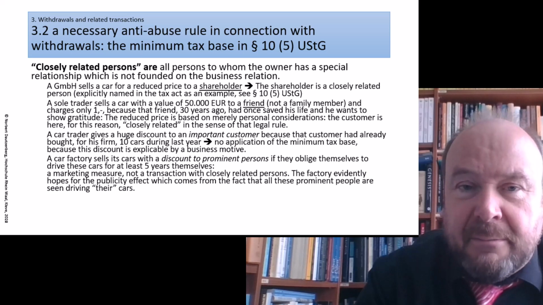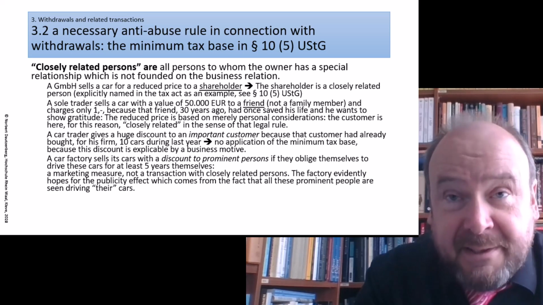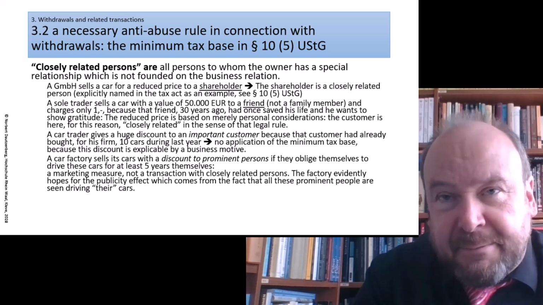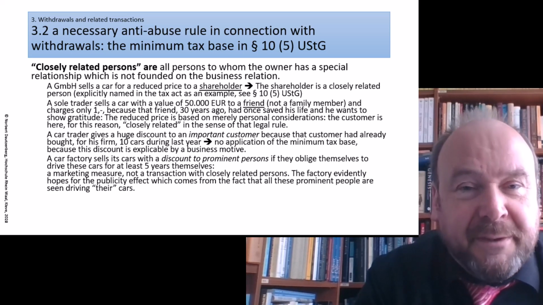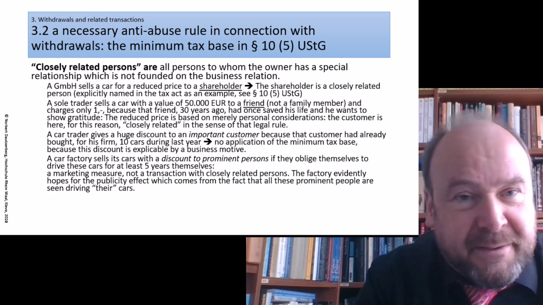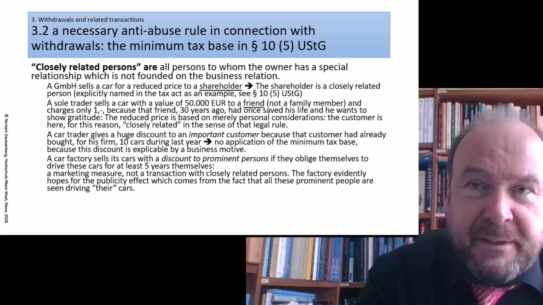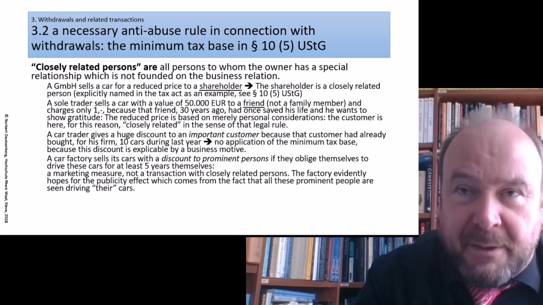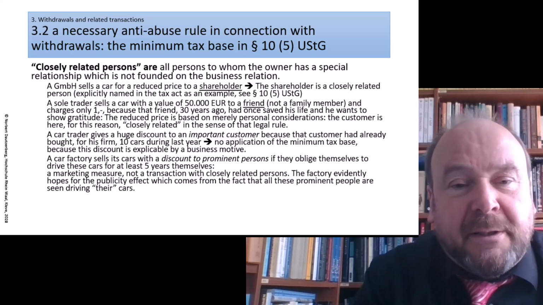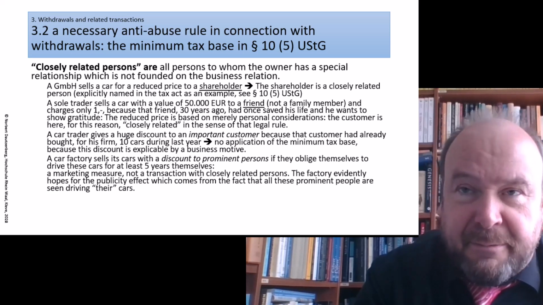A customer, good customer or bad customer, is not in itself automatically a closely related person. Here we have business considerations. I must be nice to that customer because that customer brings turnover. So that is not a case for the minimum tax base.